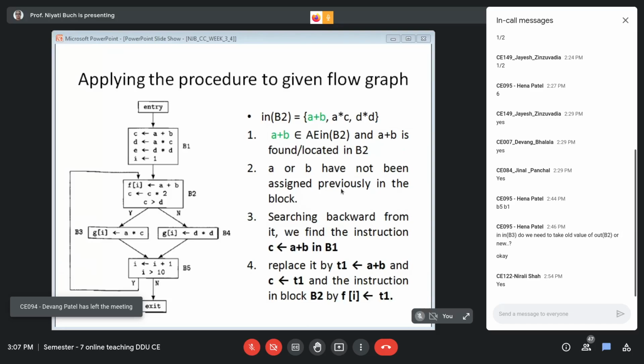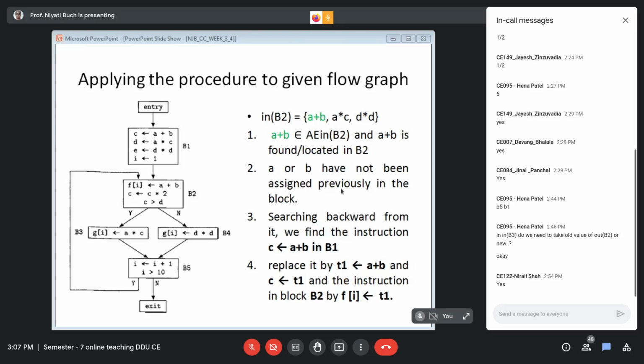Now let's follow this very, very carefully. In B2, the in set of B2 has these three expressions: a plus b, a into c, and d into d. We will consider them one by one.